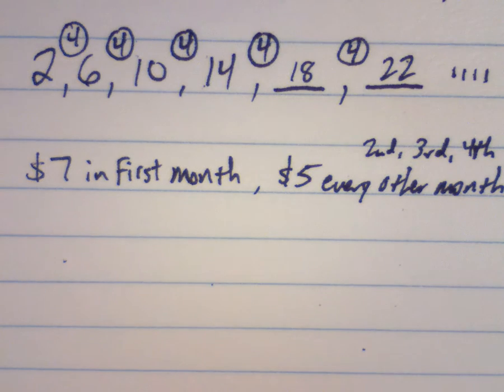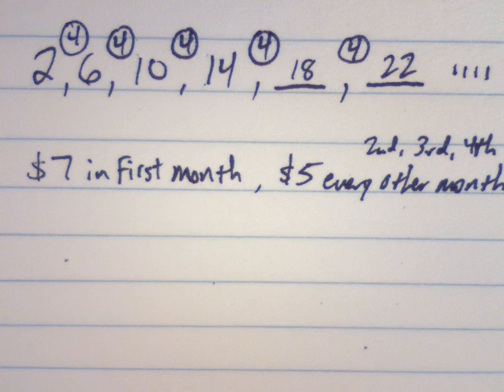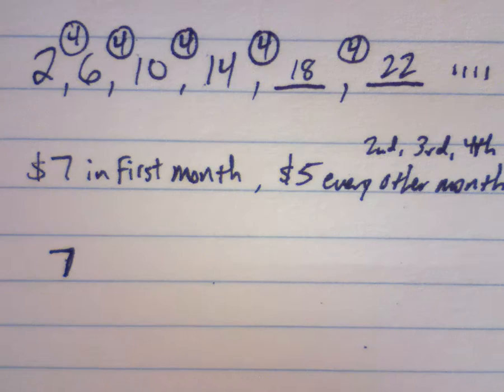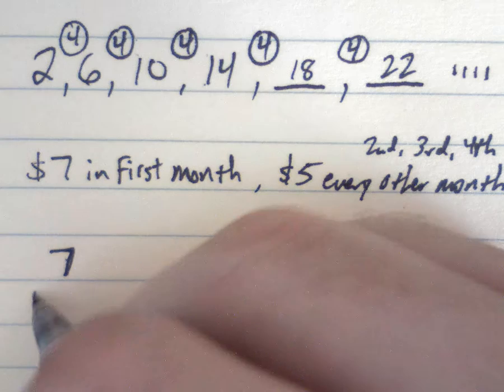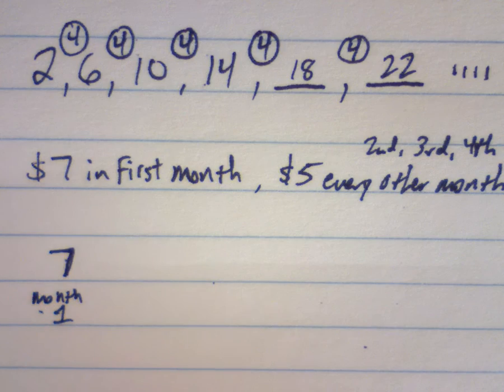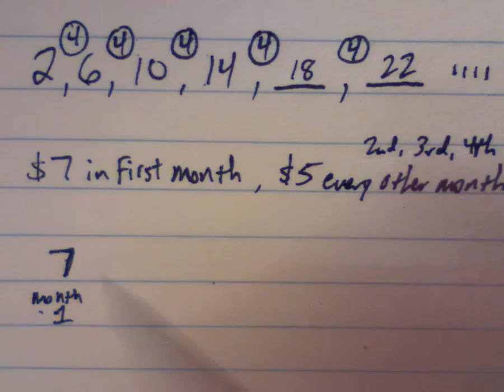All those months after, that's what Bob is saving. So it says, how much does he have after 3 months? So what we know is that Bob has 7. Correct? And that's month 1. Okay? $7 in the first month.